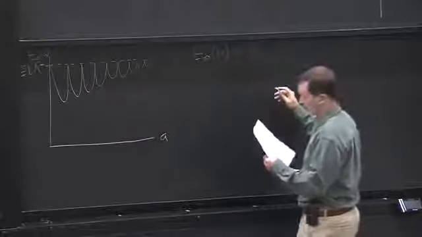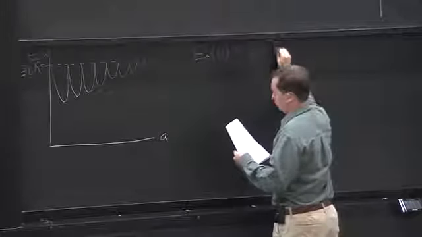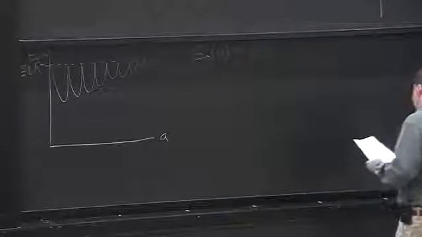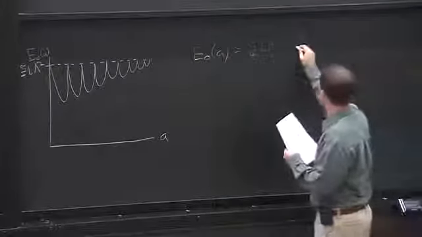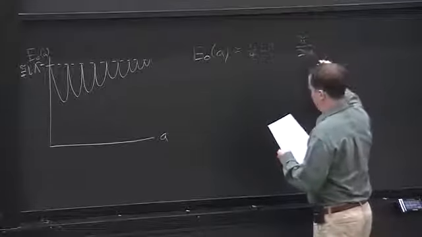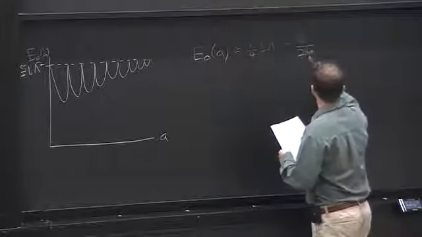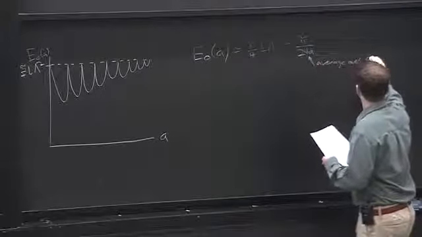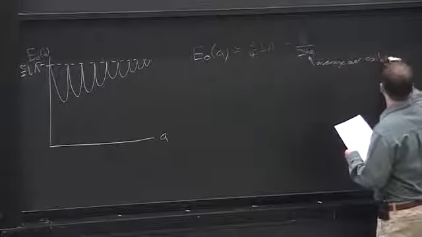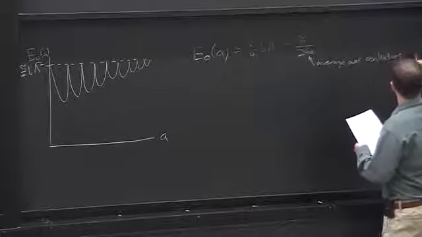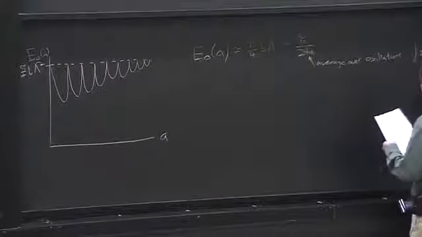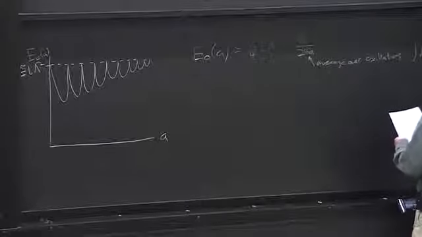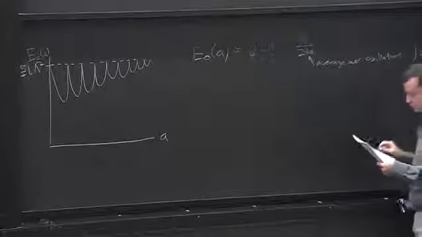What we can probably detect is the average over the oscillations. It just comes from the integral of x(1 minus x) dx, which is 1/6.